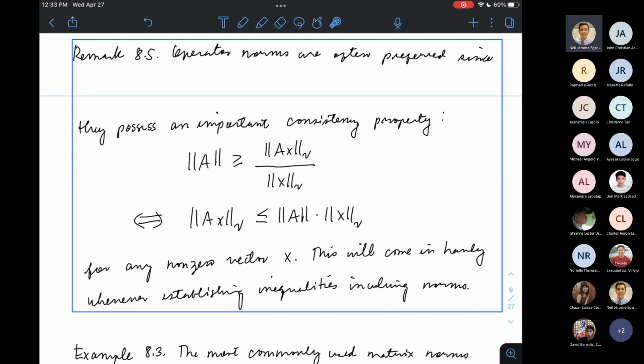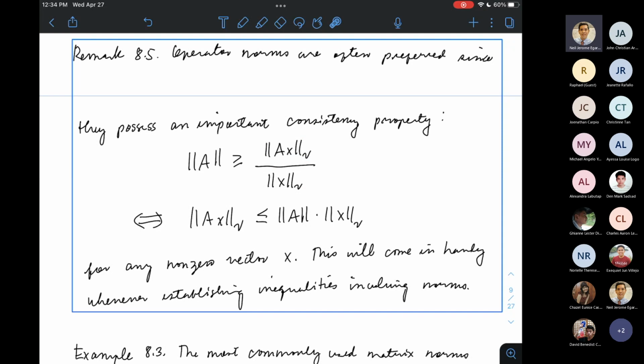Okay? Ang maganda sa kanya ay meron siyang consistency property. Ano yung consistency property na yon? Yung operator norm ay laging mas malaki kaysa dun sa ratio ng vector norms ng norm ng ax at saka ng x.